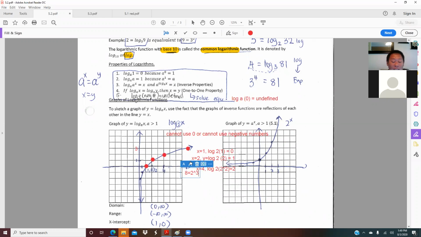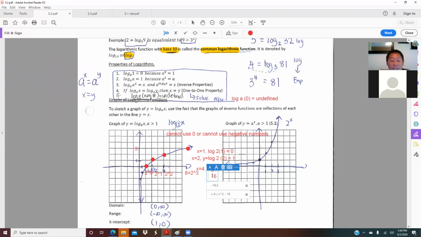So if you look at all this, the graph will give us 2 to the power of 0, and then 2 to the power of 1, and then 2 to the power of 2, and then 2 to the power of 3, which is 8. The next one will be 2 to the power of 4, which is 16.